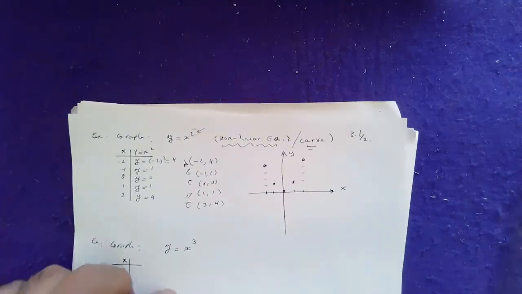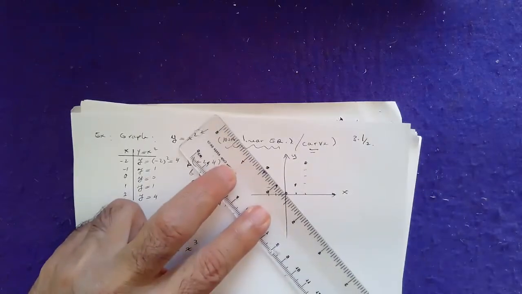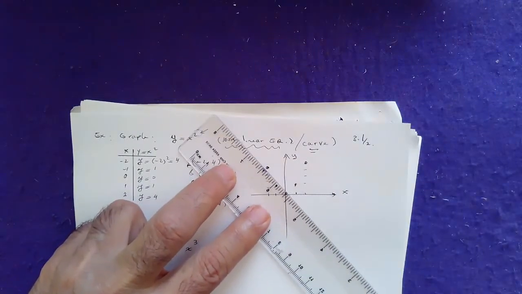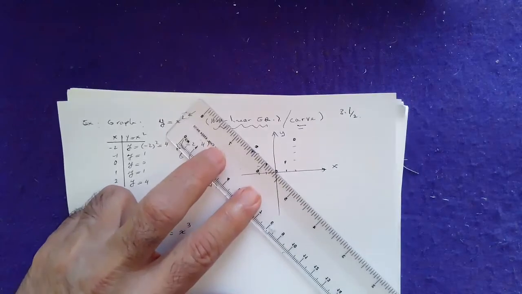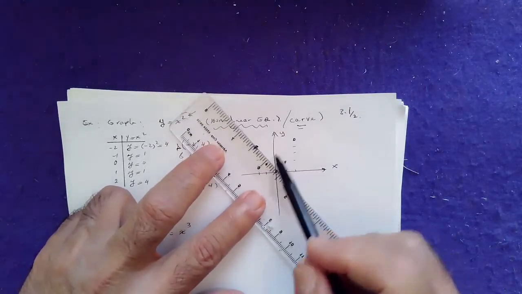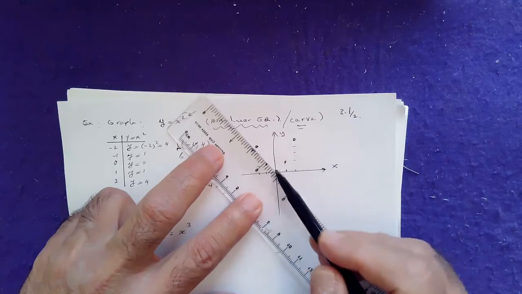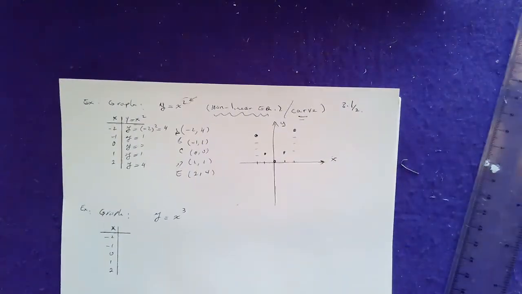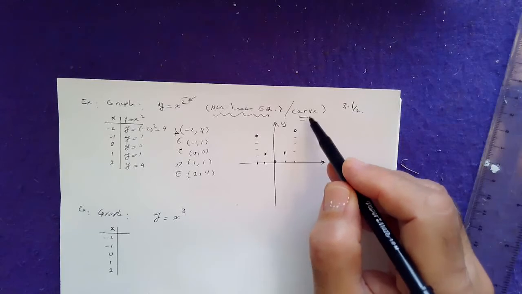Notice, if you put your straight edge, it's not going to go through in a straight line. That gives you a clue that the graph is not a line anymore, because no matter where you put your straight edge, it's not going to cover all the dots at the same time. So the graph is not a line, it's a curve.